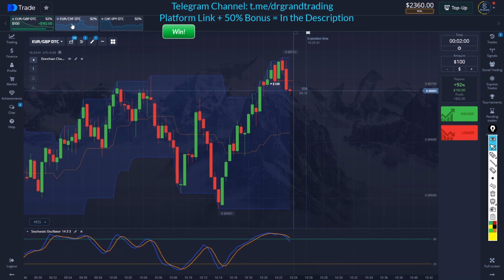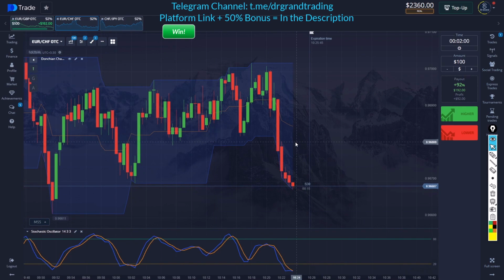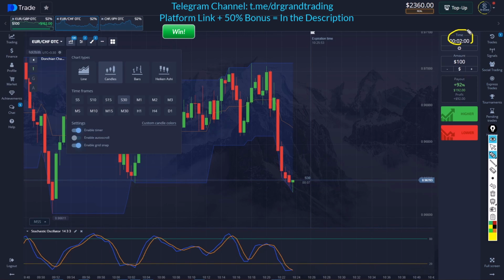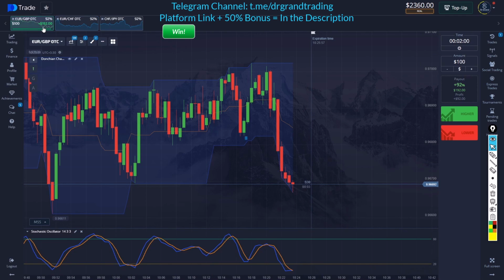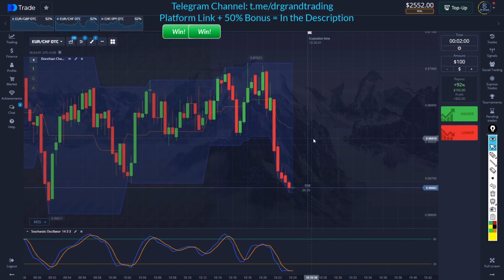Okay, this one is also dropping. You can also take your trades with 1 minute candlestick time and this one on 4 candles. We just need to take our trades on 4 candles so we have enough time for price to drop. Okay, that was the second trade.